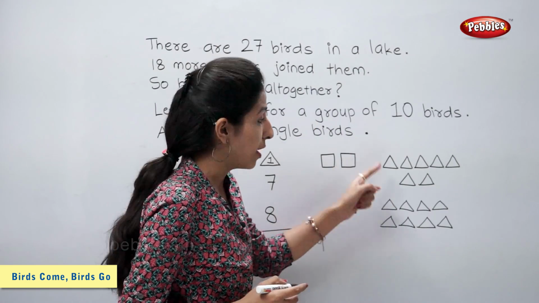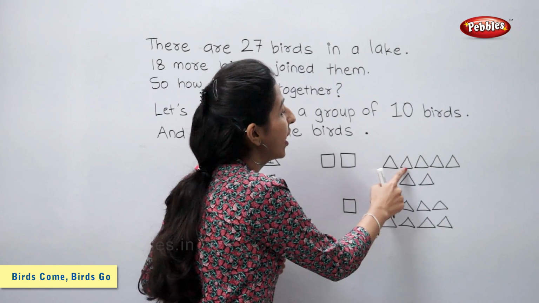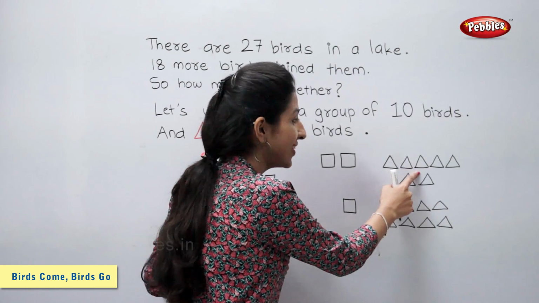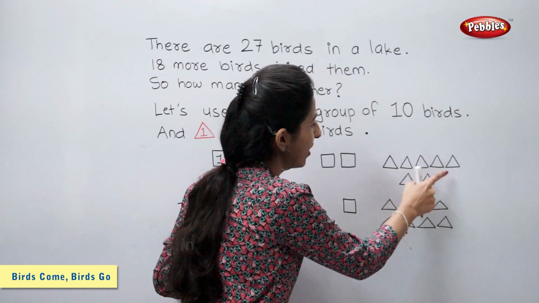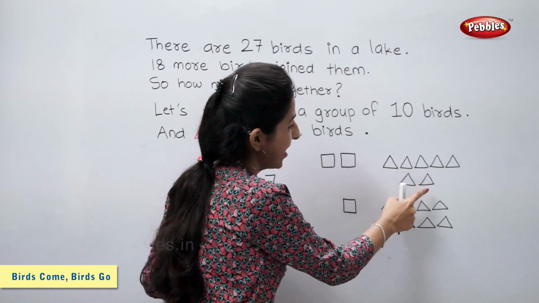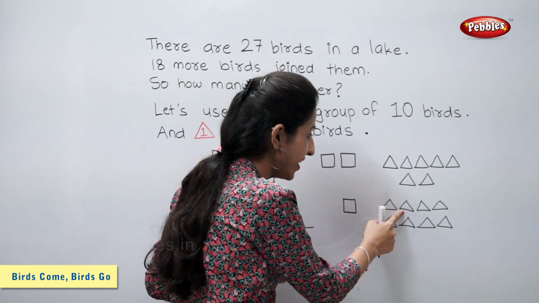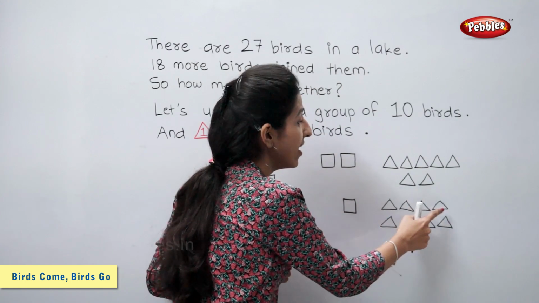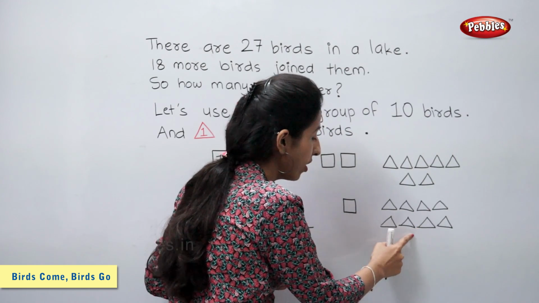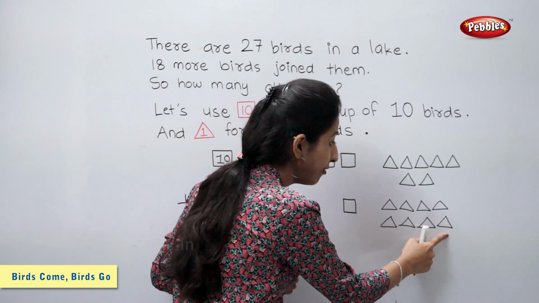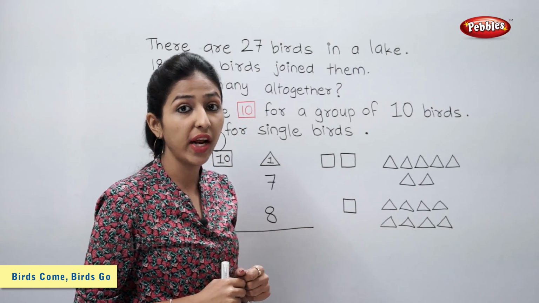Let us count the number of triangles first. 1, 2, 3, 4, 5, 6, 7, 8, 9, 10, 11, 12, 13, 14 and 15. Students, there are a total of 15 triangles.